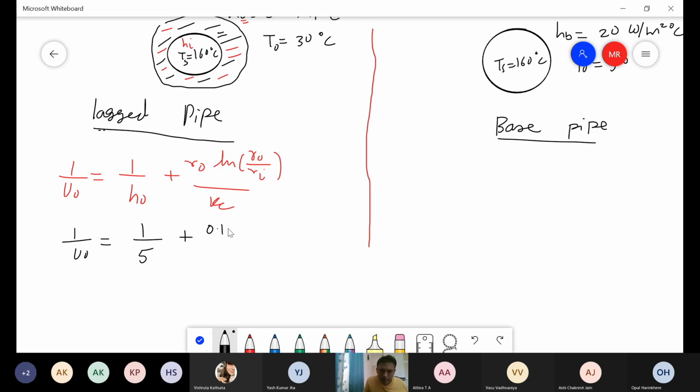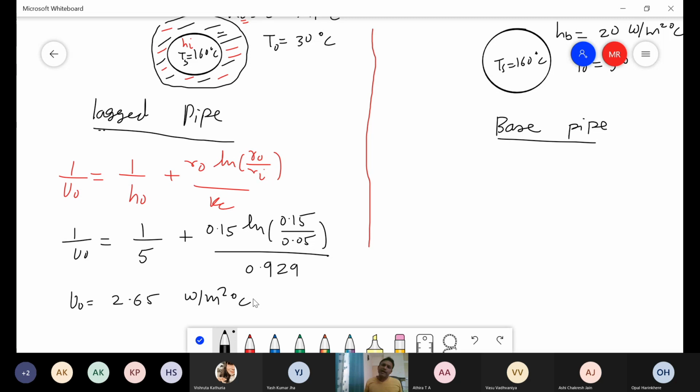So that will be 0.15 ln(0.15 divided by 0.05) divided by Kc. The value is already given in the problem; we have already calculated the average value of Kc, so that is 0.929. So what is the value of U naught? U naught comes around 2.65 watt per meter square degree Celsius. Is it correct?